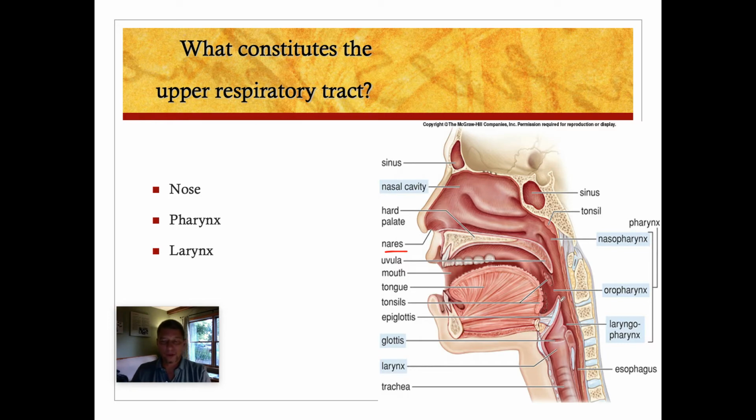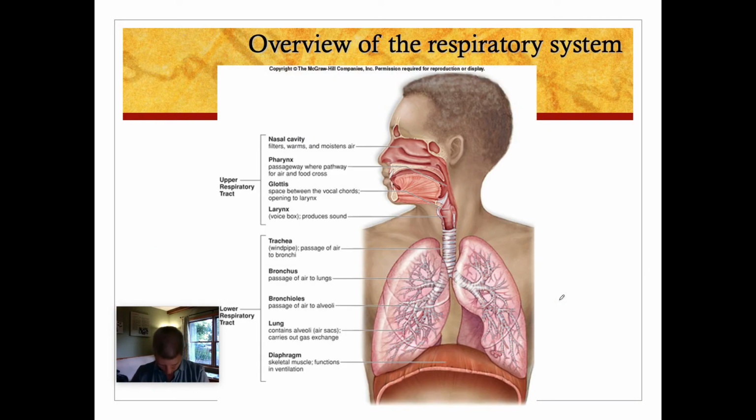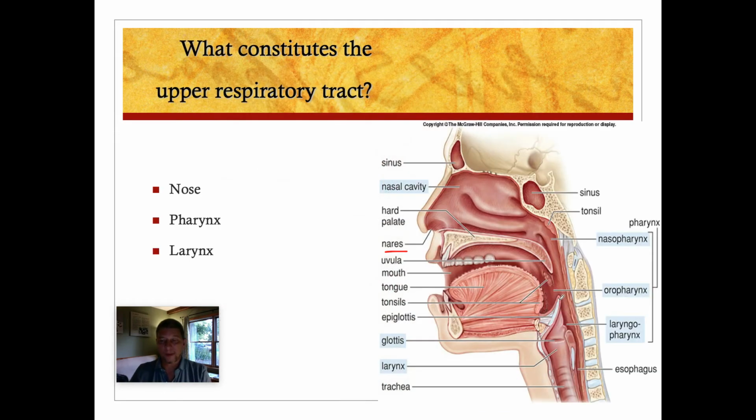Remember from the previous talk about the digestive system, we've also got the epiglottis, which is this flap of connective tissue that closes the opening to the trachea, which is found right here, and called the glottis. Just below that is the larynx or the voice box.